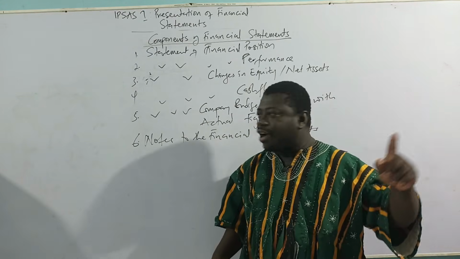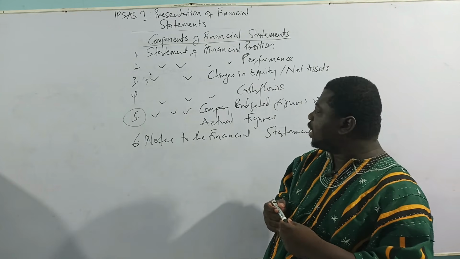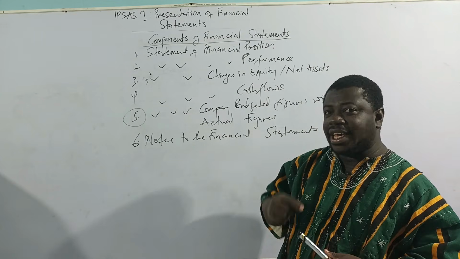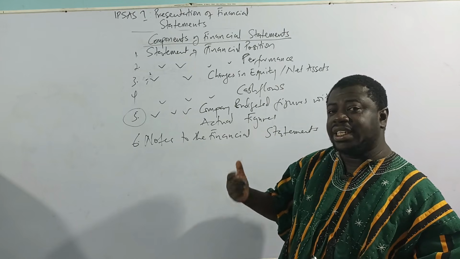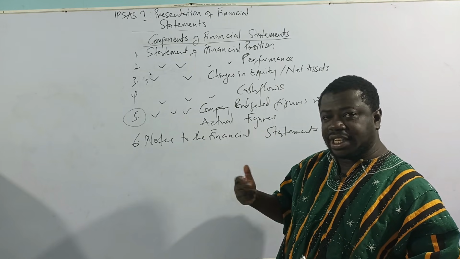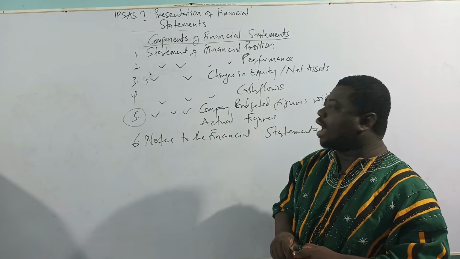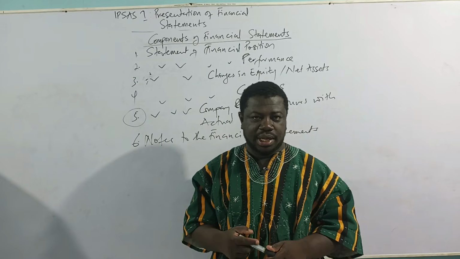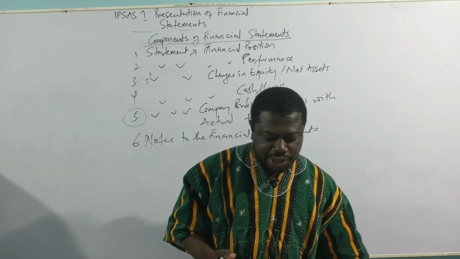If it was IFRS, the 5th component would not be there. But in IPSAS, it is there. So like I said, we may look at it as the same, but you will see that there are slight differences as we move on. So these are the 6 components of financial statements according to IPSAS 1. And I'm sure that we are very much aware of many of these components.